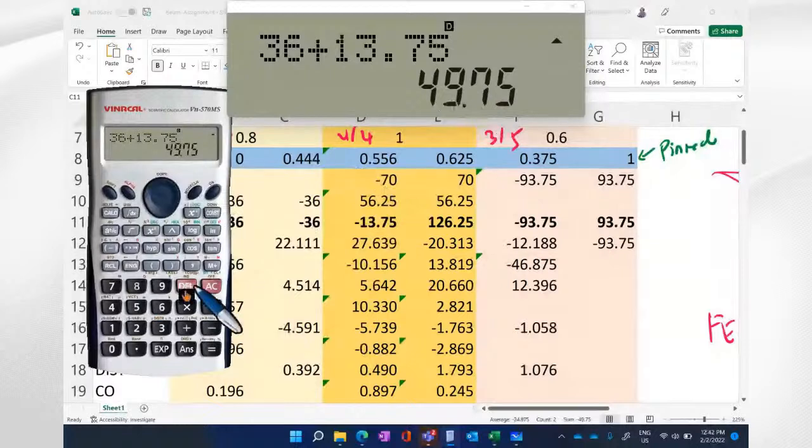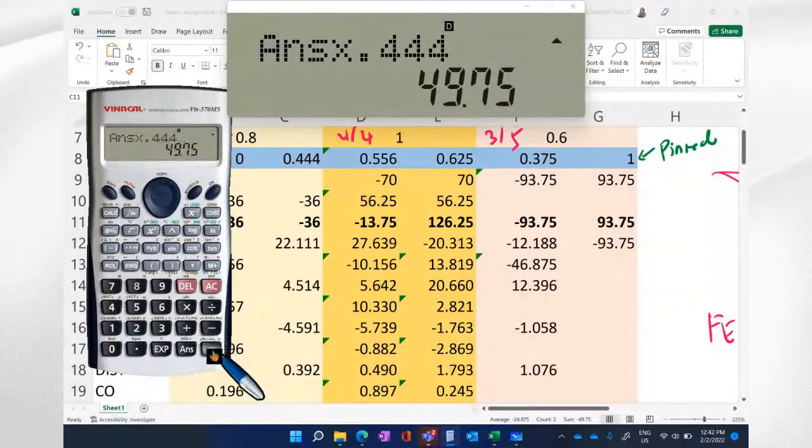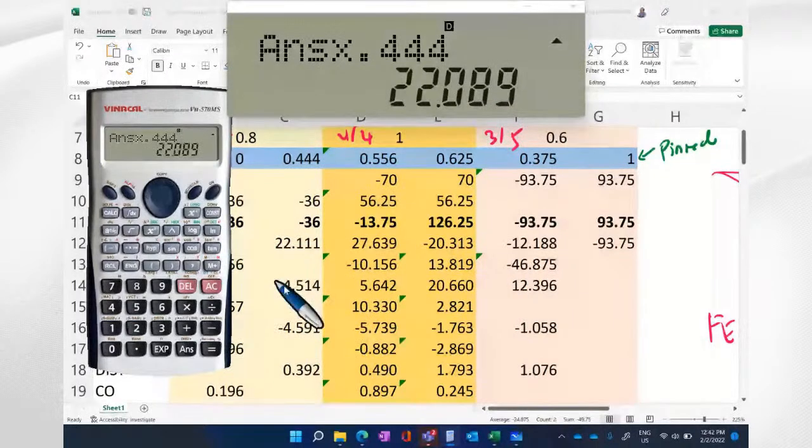We need to times it with 0.444, and we get 22.1. Of course we get a difference because this is using Excel, and Excel considers all decimal places. When set to certain decimal places only, then we will find the difference. It doesn't matter. It is 22.1.